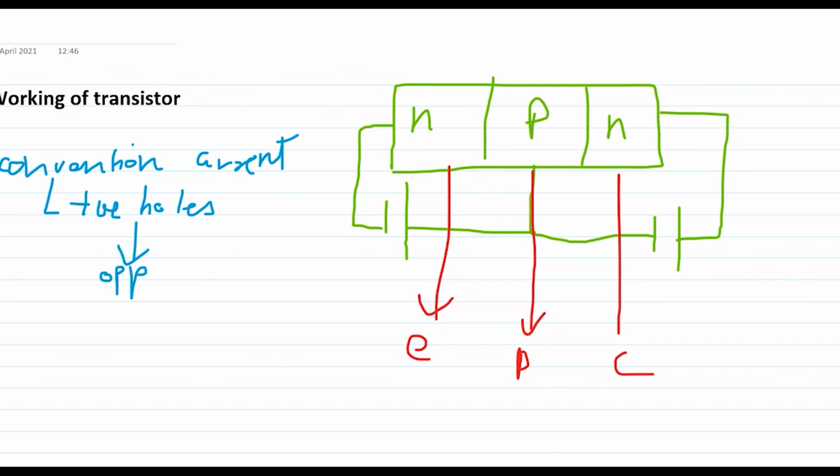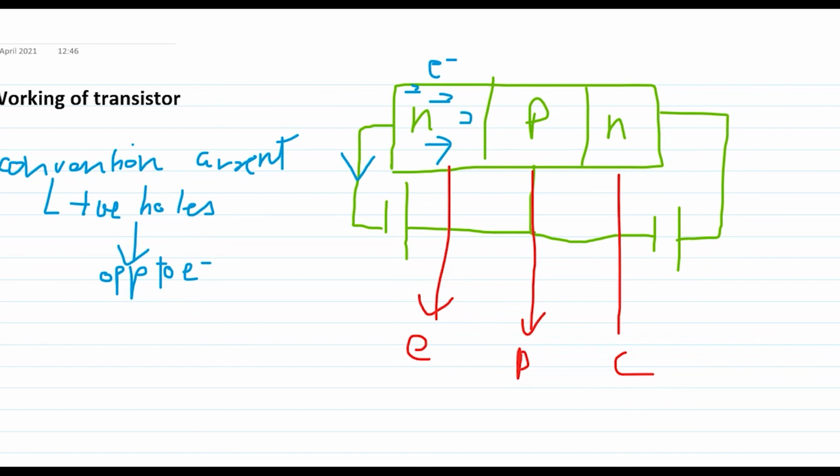Electrons will travel from here to here, as the majority charge carriers are electrons in this case. As electrons travel here to here, the conventional current will be on this side, because more electrons are going into the emitter plate so that they can go outside.